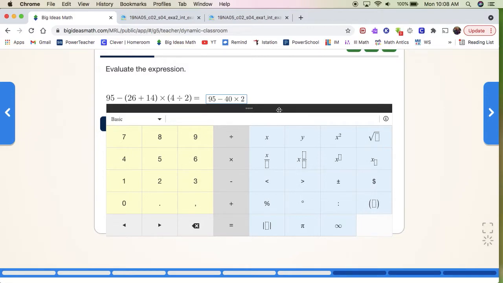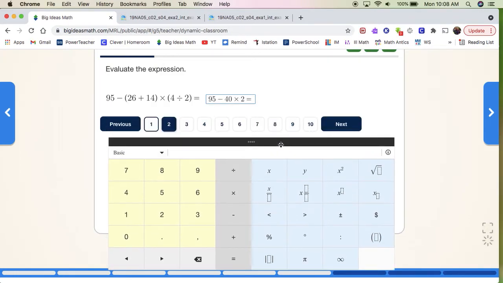Okay, so if we follow the order of operations, we do the parentheses first. Now that we've eliminated those, we've got subtraction and multiplication. And you know we always multiply and divide before we add or subtract.